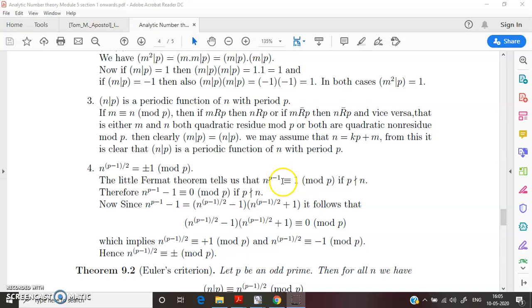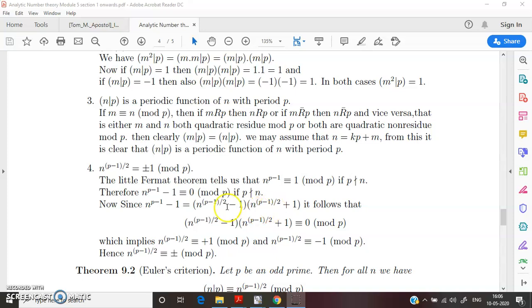So now we will take this part. When you take 1 to this side, we have n raised to p minus 1 minus 1 is congruent to 0 mod p. That means that p divides n raised to p minus 1 minus 1. P does not divide n. Now n raised to p minus 1 minus 1 can be written as a difference of squares, that is n raised to p minus 1 by 2 minus 1 times n raised to p minus 1 by 2 plus 1.